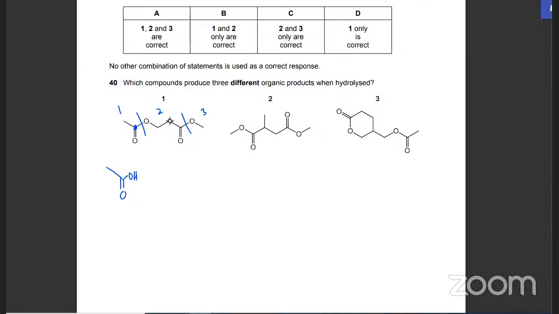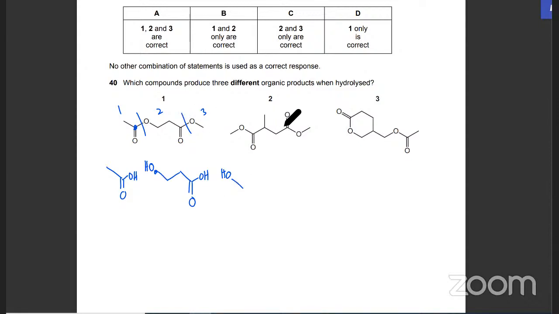What happens to the other side? That turns into an alcohol, right? This one, double bond O side turns into carboxylic acid, and this last one turns into an alcohol.